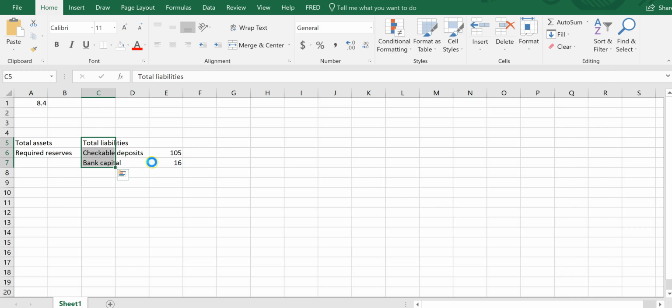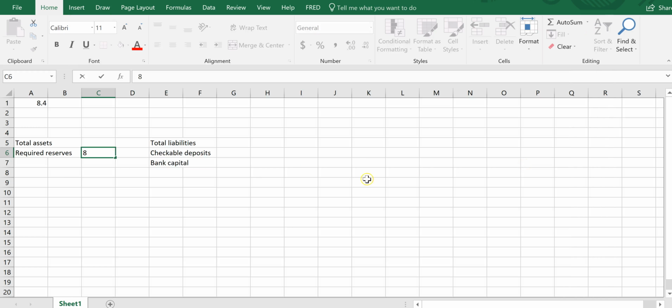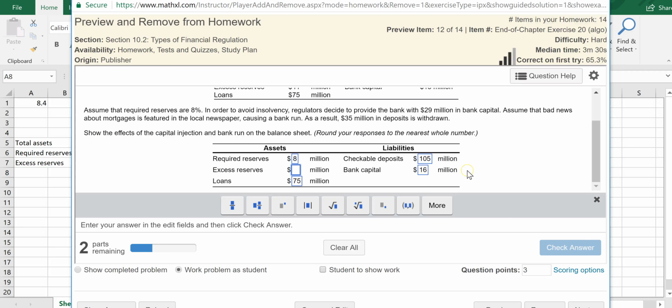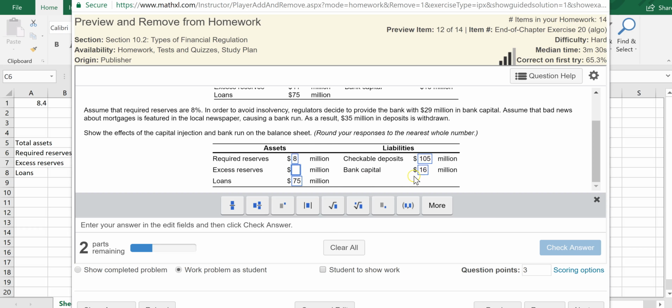So let me move this to the right to have more space. This is 8, and excess reserves, this is unknown. And finally, loans will not change. So this is 75.